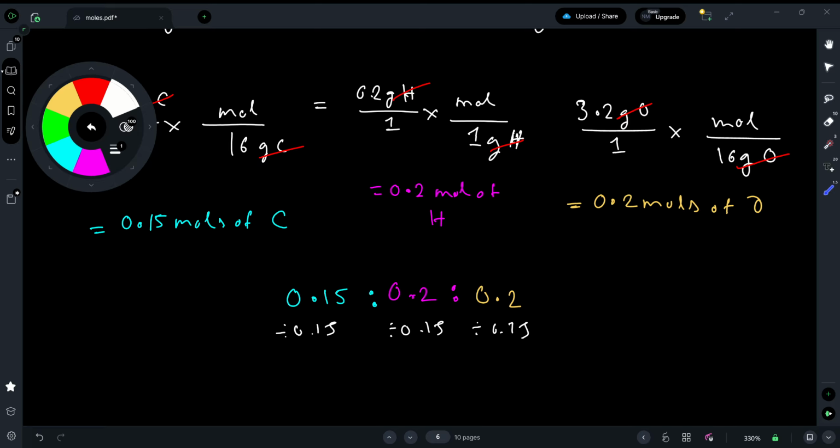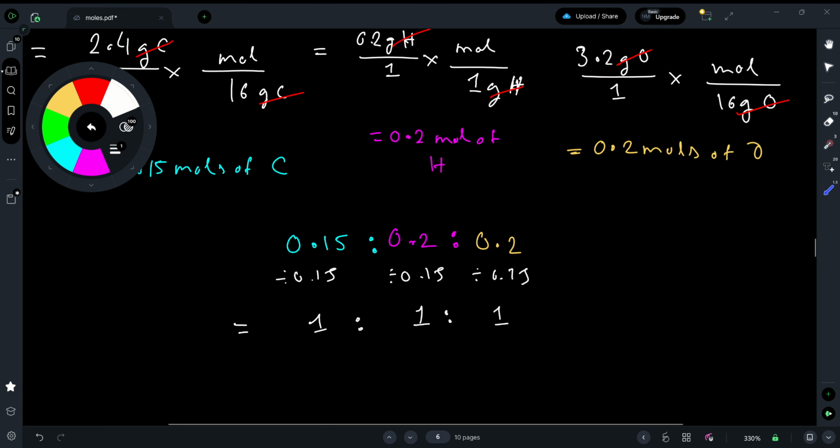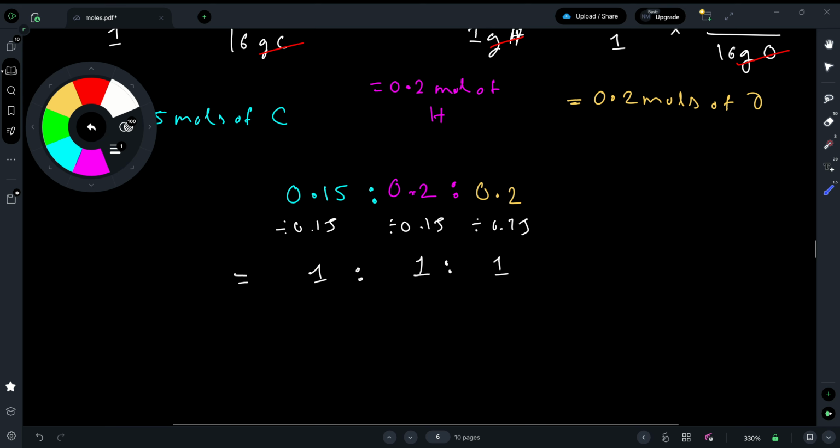So what we get is 1 is to, if you divide 0.2 by 0.15, you get 1.33. I think we can take 1 for that. So it is 1 is to 1 is to 1. 1.33 is close enough, so we just take 1 is to 1 is to 1. So now we know the empirical formula. The empirical formula is C, H, and O.